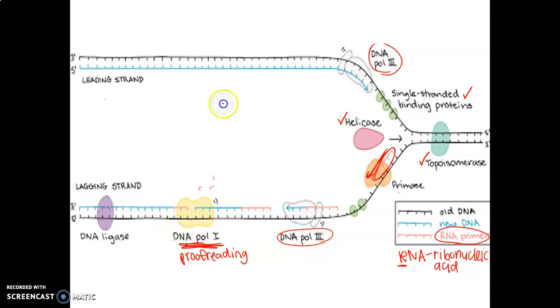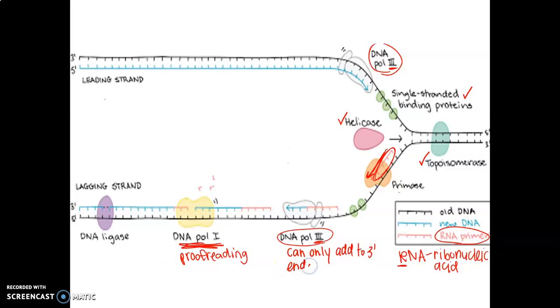DNA polymerase 3, and you don't need to remember the 3, you can just remember DNA polymerase. He's the one that is going to add new nucleotides onto the 3' end of DNA. Remember, he can only add to the 3' end. That's all he can do.